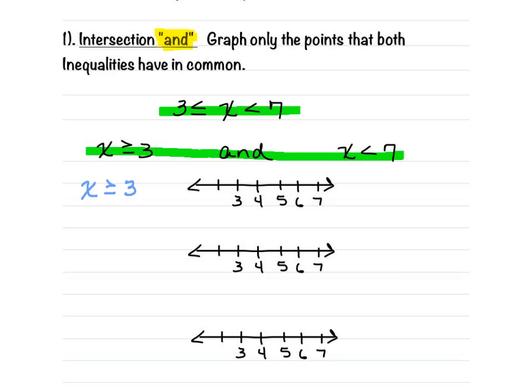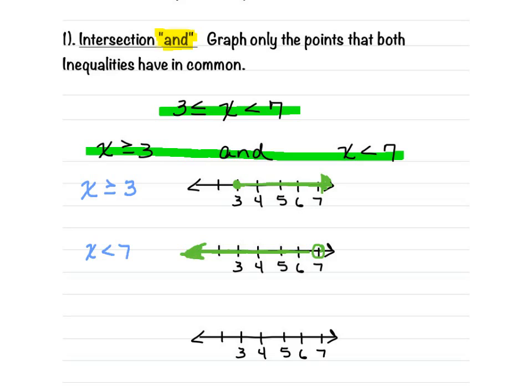Greater than or equal to 3 means I have a closed circle on 3, and I would be going all the way to the arrow, everything to the right. If I were to graph x is less than 7, I would have an open circle on the 7, and I would graph everything to the left, including the arrow.